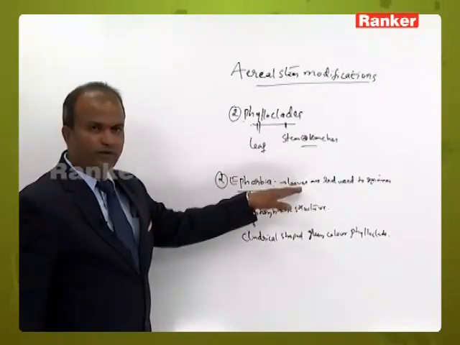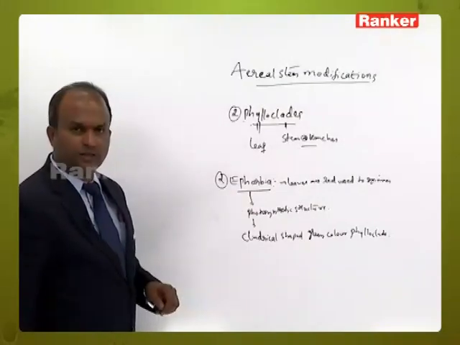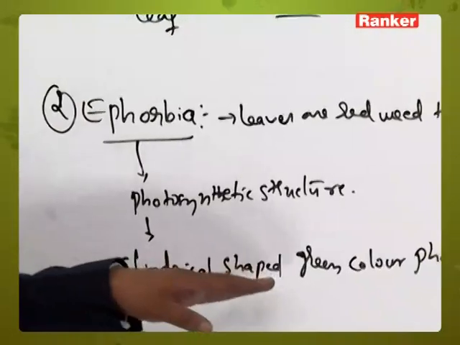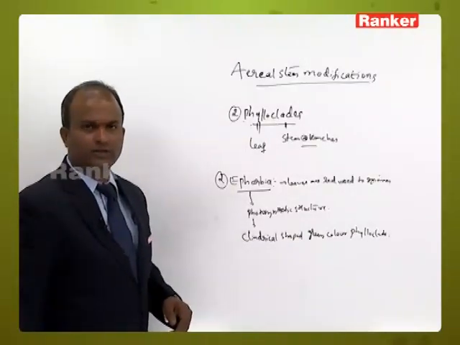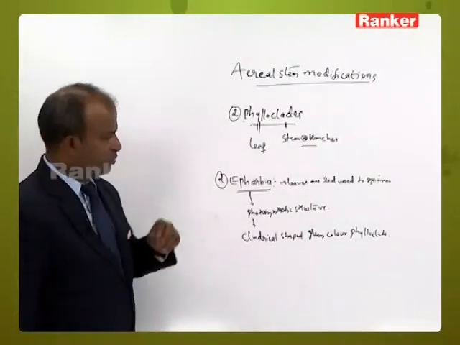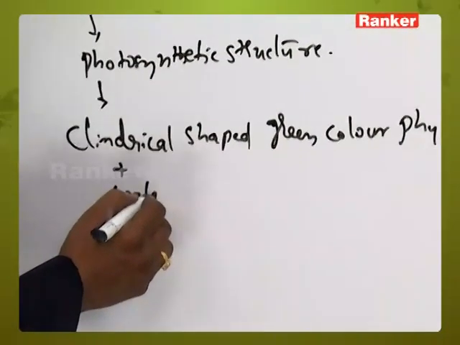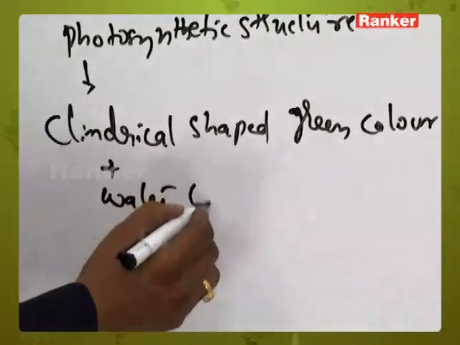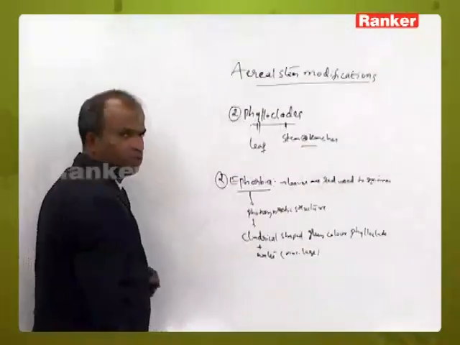In order to perform the function of leaves, this cylindrical shaped green colored phylloclade performs photosynthesis, and it also stores water in the form of mucilage.